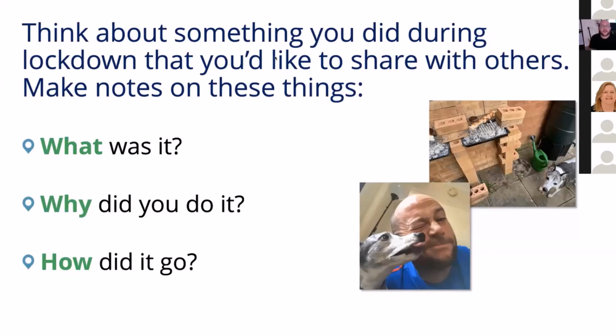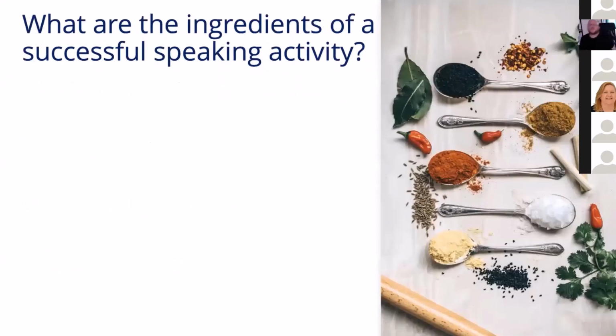Brilliant. Okay, so that was an example of a speaking activity. Now, when we wrote Roadmap, one of the very first things we did before we even started writing was we carried out research into some of our key markets around the world.